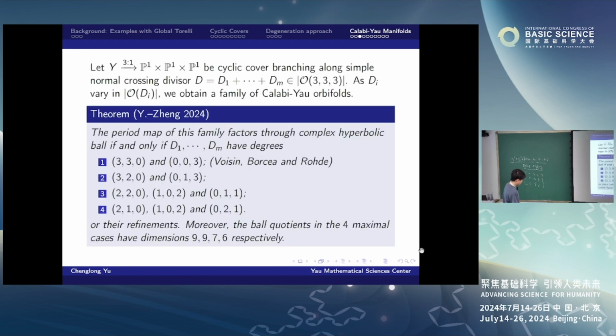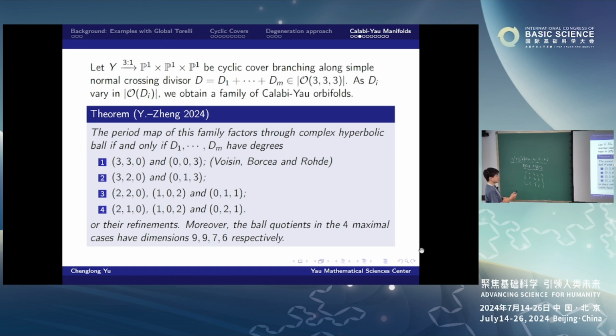All right, so inspired by their work, we consider cyclic covers along P1 cross P1 cross P1. So we consider the degenerations. We combine the method of cyclic covers and degenerations. We consider degenerations of these divisors, different degeneration types.